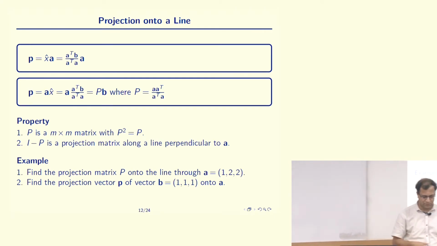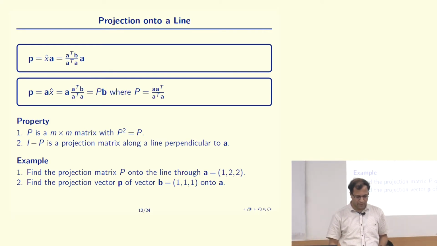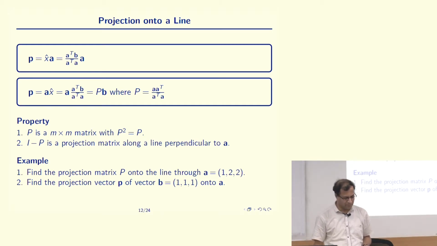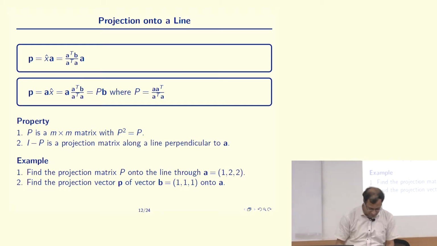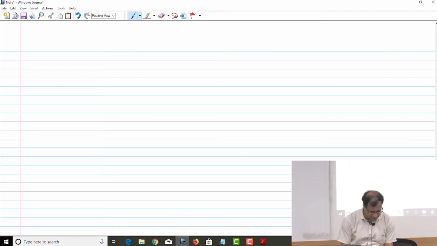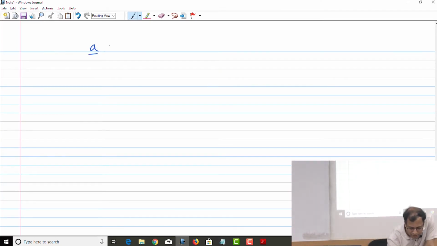So can you try this one? Just compute the projection matrix capital P. What is given? The A vector is 1, 2, 2. This is a column vector I have written in this form.